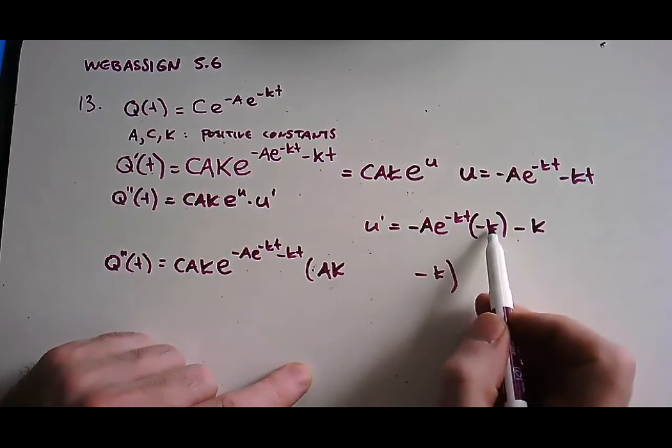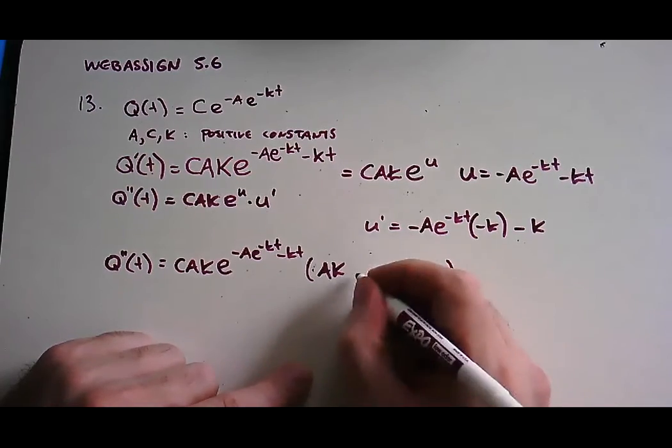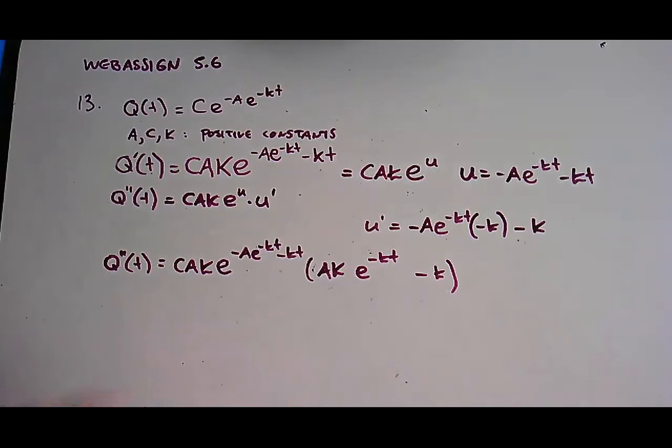Negative a times negative k is positive a k times e to the negative kt. Just a couple fewer things for us to keep track of. And we want to find inflection points, so we want to know when this whole thing equals 0. And one thing to consider, c will never be 0.